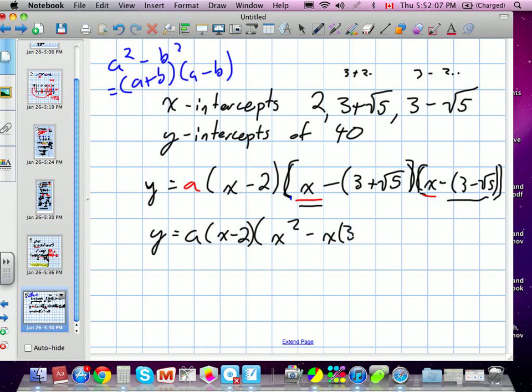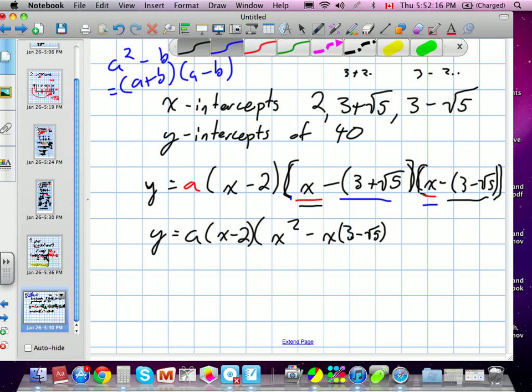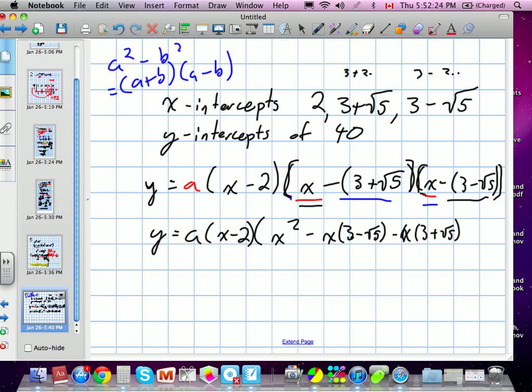Okay, and then we do our inside terms. So that becomes minus, again, x times 3 plus root 5. Okay, and then when we multiply those two terms together, we need a little more room here.